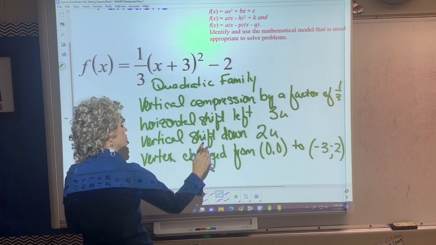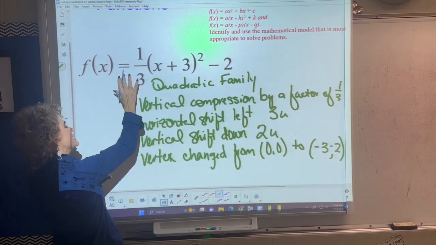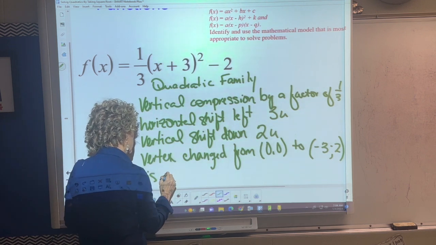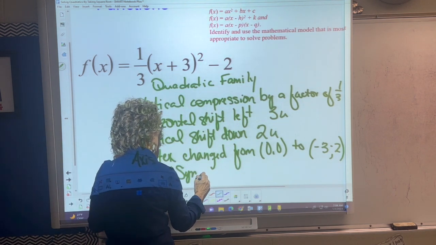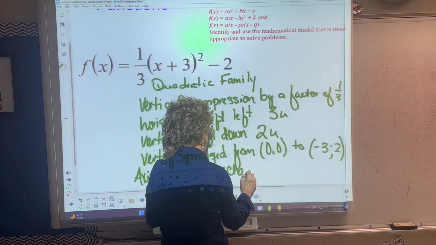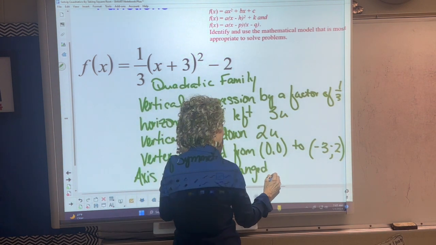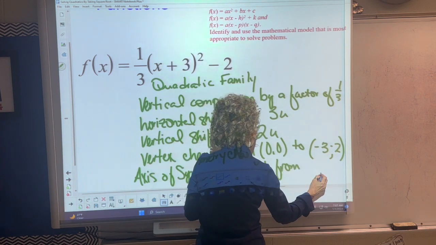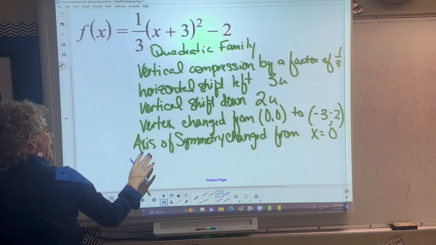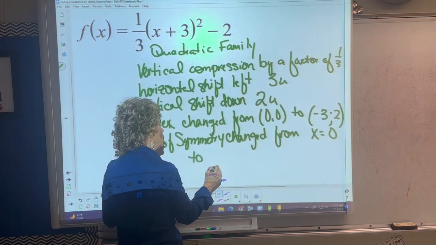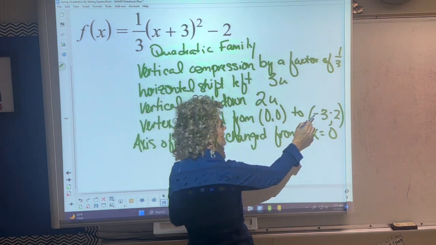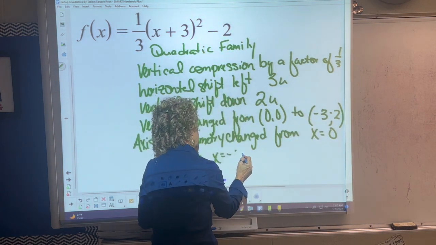Because this is a quadratic, we do have an axis of symmetry that changed, from our parent function, which was x equals 0, because that is a vertical line, to x equals the h value of my vertex, which is -3.